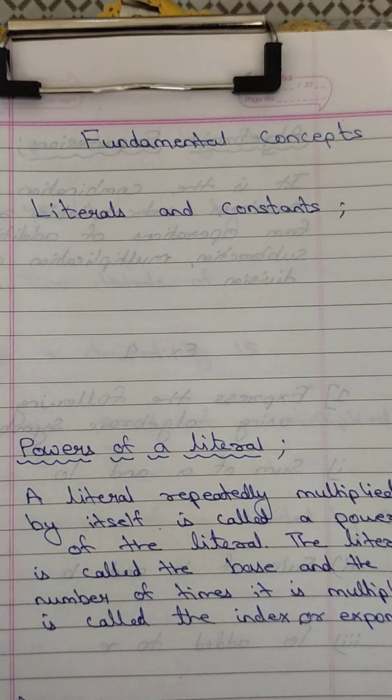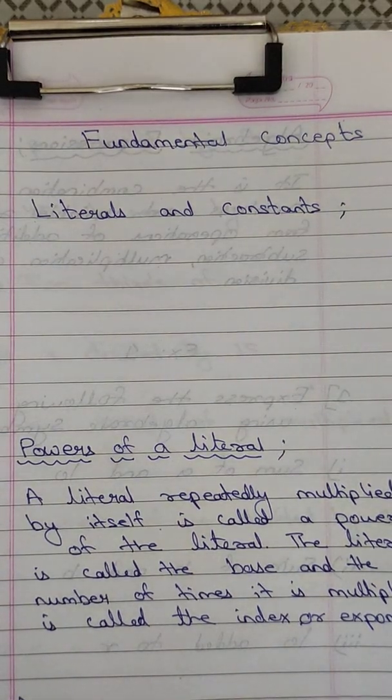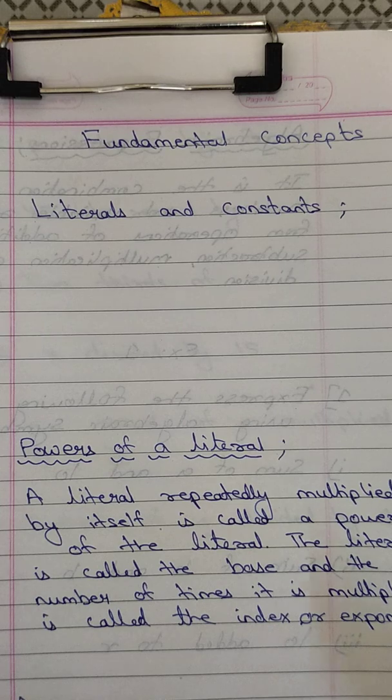So let's start with chapter number 1 of algebra, that is fundamental concepts. You are very well aware of the basic terms like literals and constants. So let's have a quick recap of these two terms. What are literals?